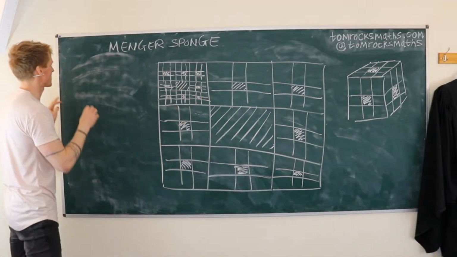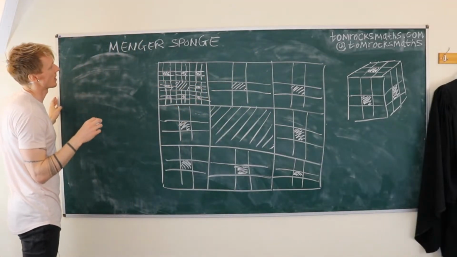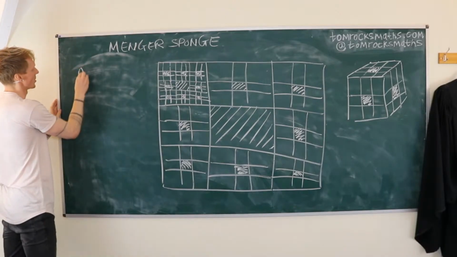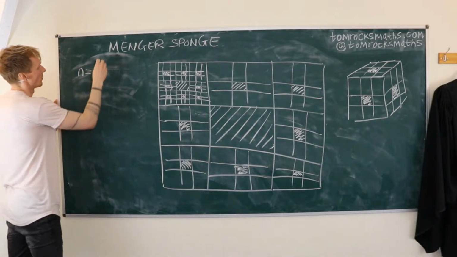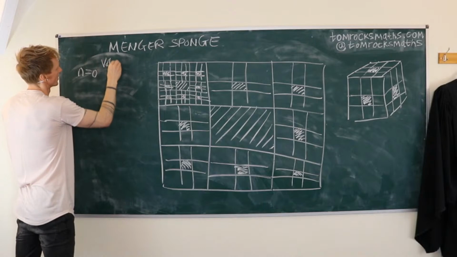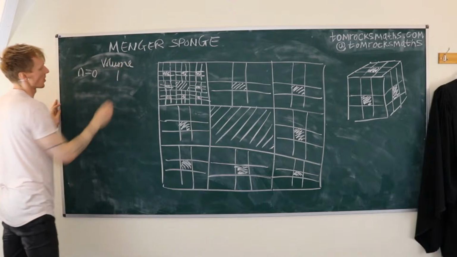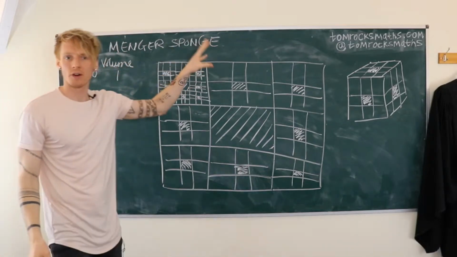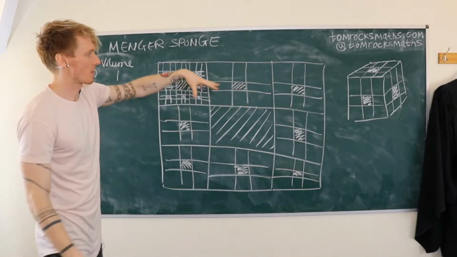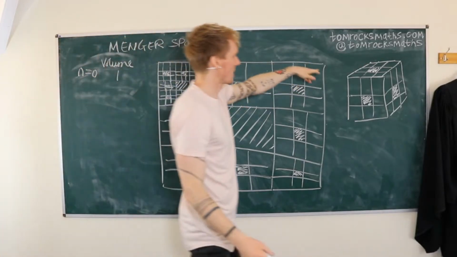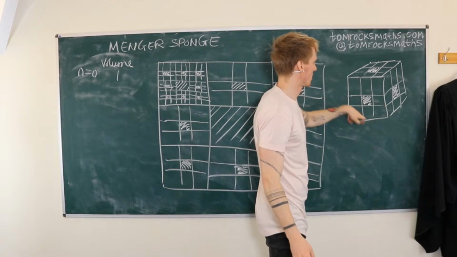What's the best way to think of this? At step 0, our volume was equal to 1, assuming my original cube had volume 1. Then we divided everything up into a third, a third, a third everywhere.